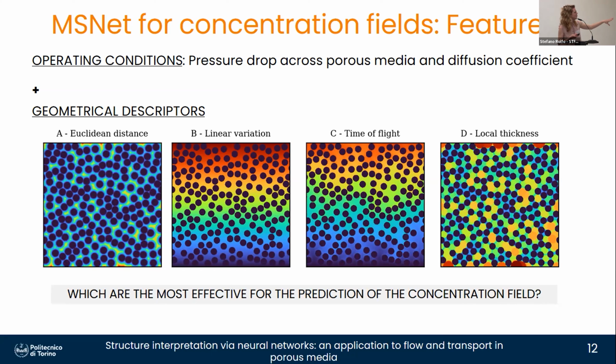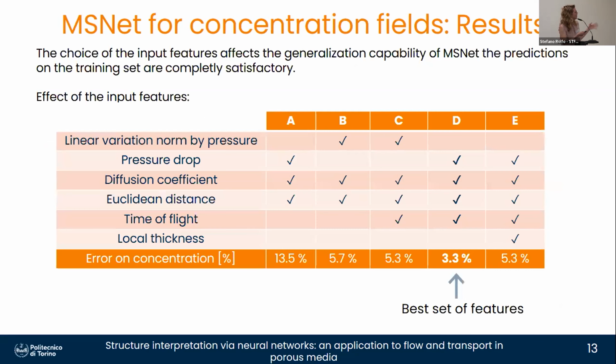And as you can see, with the time of flight it is possible to catch the preferential paths inside the porous media. So our question was, which of these features is the most effective for the prediction of the concentration field? We tried different combinations of them.